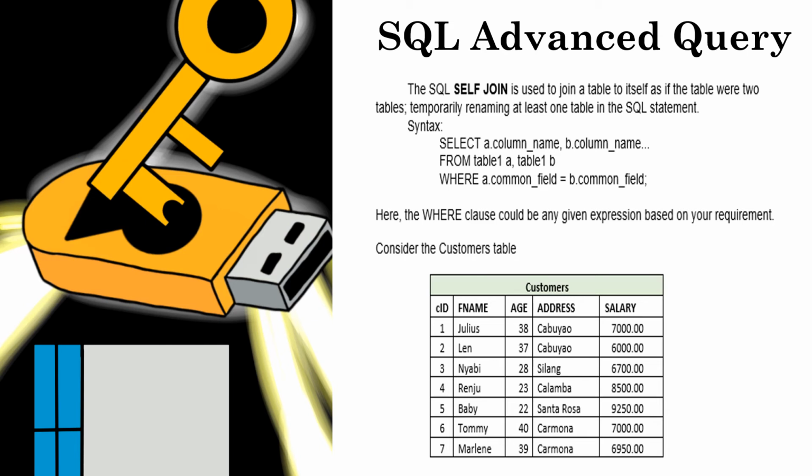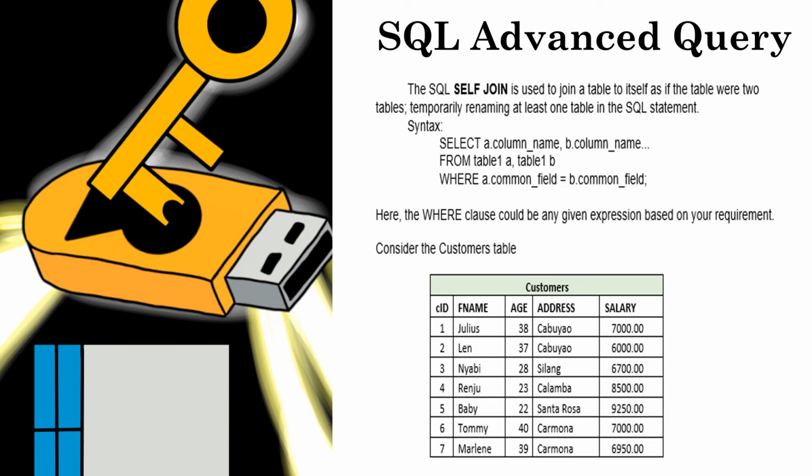The syntax for this is: SELECT a.column_name, b.column_name FROM table1 a, table1 b WHERE a.column_field = b.column_field. Here the condition could be any given expression based on the requirements.